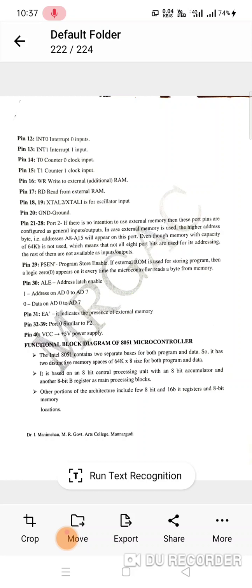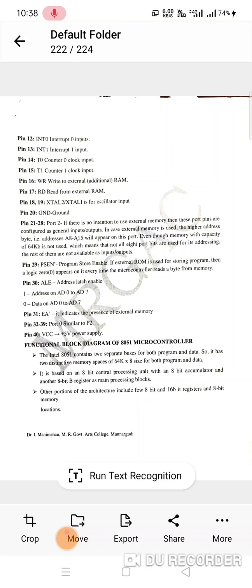In case external memory is used, the higher address byte, that is addresses A8 to A15, will appear on this port. These lines are multifunction lines, used as the higher order address byte, that is A8 to A15.